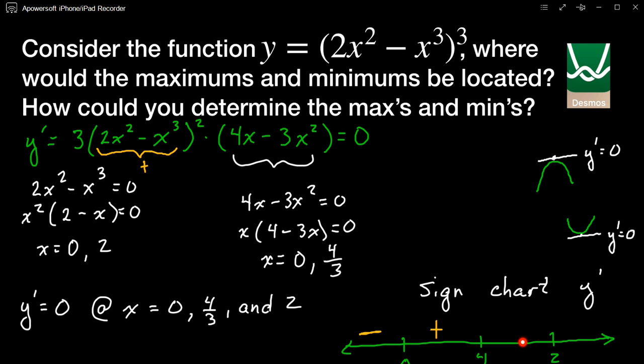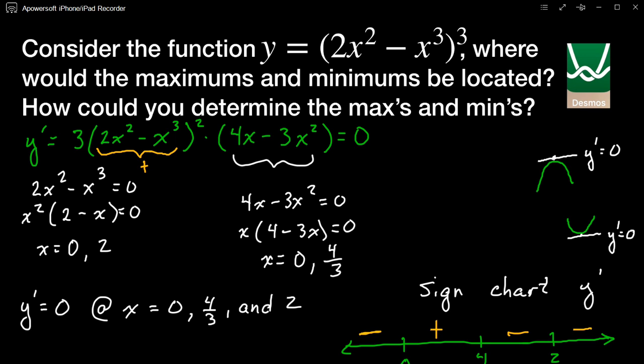Putting 1 2/3 in here will make this positive, and here it will make this negative. You could work that out later. Positive times negative is negative. Then we put a number that falls into this last section, such as 3. That gives you positive times positive, and this is going to be negative once again.